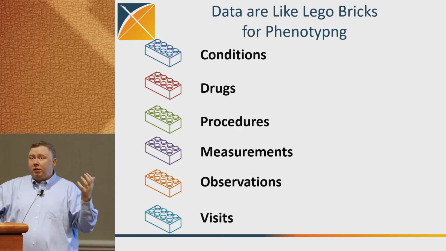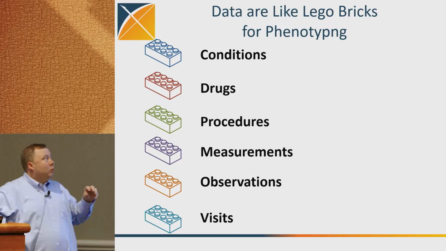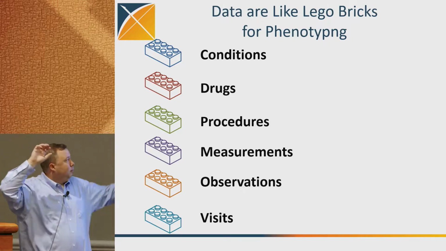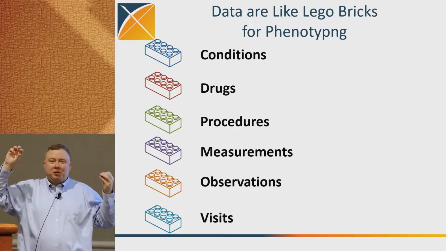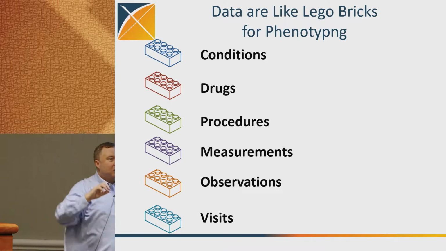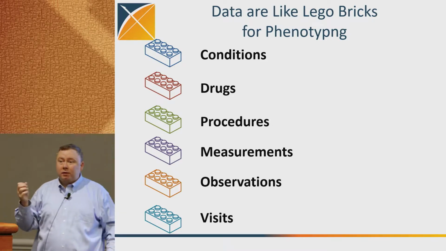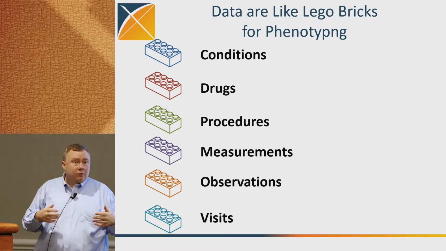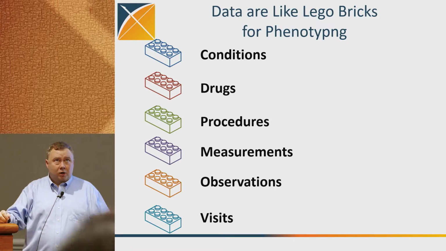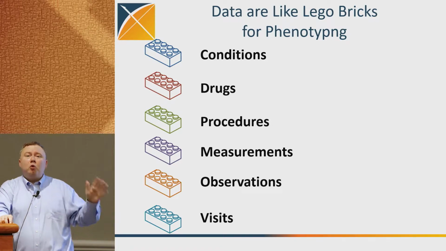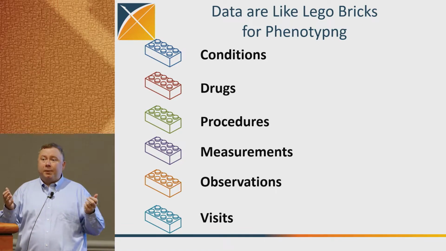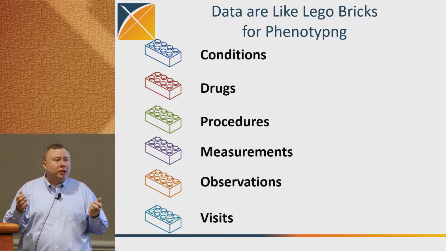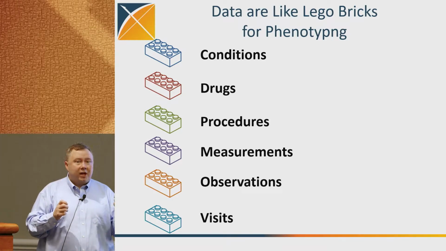Very, very often, we see phenotypes developed where the clinical idea belongs to one particular domain, and therefore the observations used to define that clinical idea also come from the same domain. But in fact, for many cohorts that we might be interested in, there is no reason to think of that as a constraint. If I want to define diabetes, I don't need to only look for diagnosis codes of diabetes.